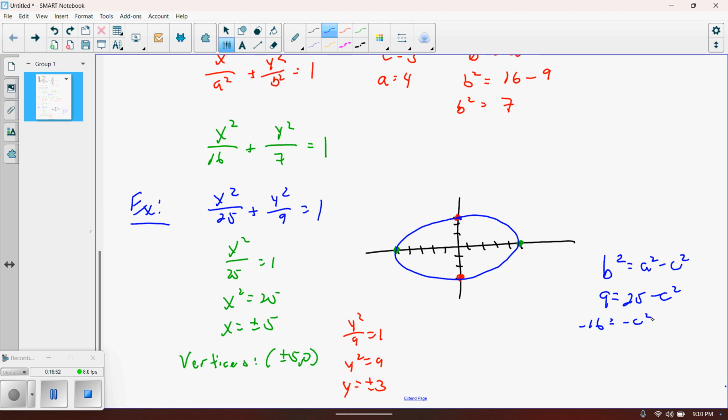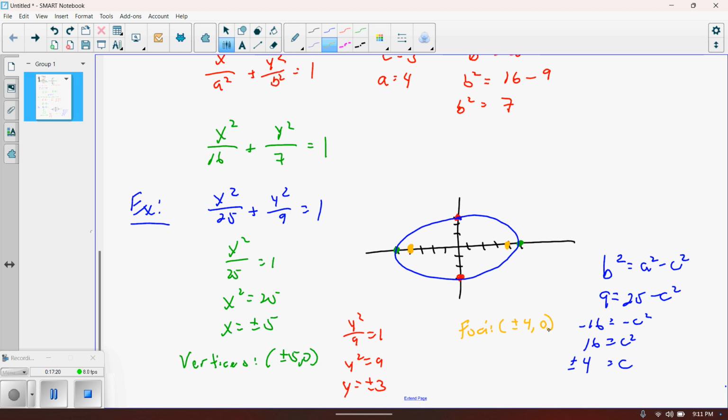Dividing both sides by a negative value gives me 16 equals c squared, or c is going to be plus or minus 4. And so that gives me 1, 2, 3, 4. There's one foci. 1, 2, 3, 4. There's another foci in the negative direction. My foci in this case are going to be plus or minus 4, comma 0.